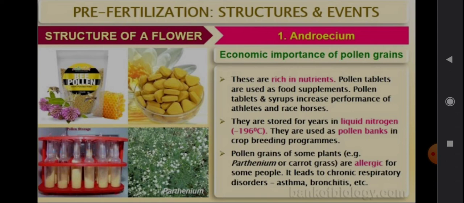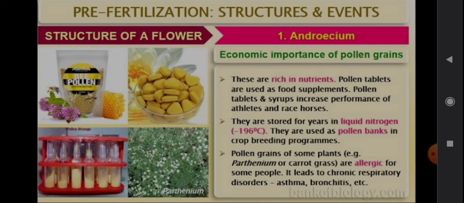When they are stored in these pollen banks, they can develop new species or find out something new from the pollen grains. A pollen grain of one plant will be injected into another plant and there will be development of a new species. In that way also it will be used.